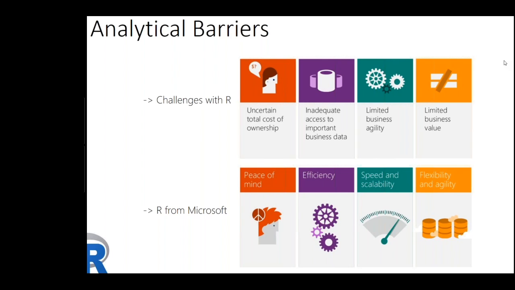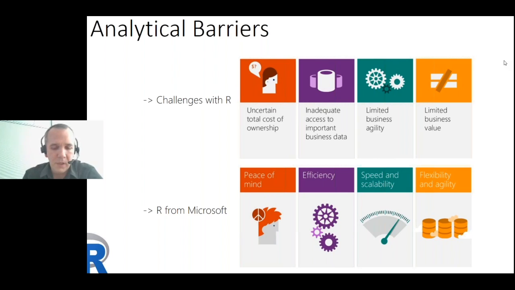Another thing was the time pressure of deploying the analytical models. Without moving data to different tools, Microsoft also managed to create an integrated platform with R where data already resides in your transactional system, whether it's SQL Server, it can be Hadoop, it can be running on Linux, and you just deploy the code.